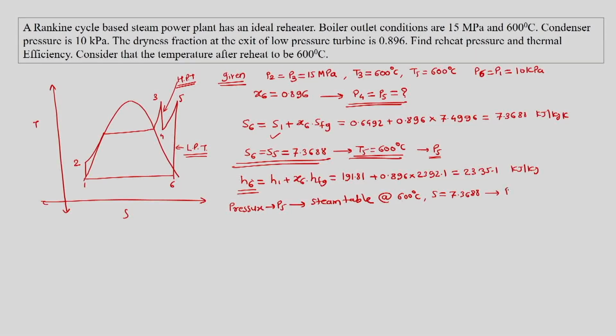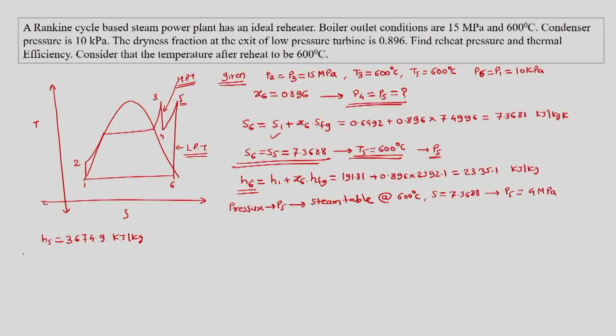So we get this P5, and this P5 remains as 4 megapascal. So here at the same state we can find an H5 which turns out to be 3674.9 kilojoule per kg. So now we know P5, we know everything at state 5. Enthalpy also is known to us.